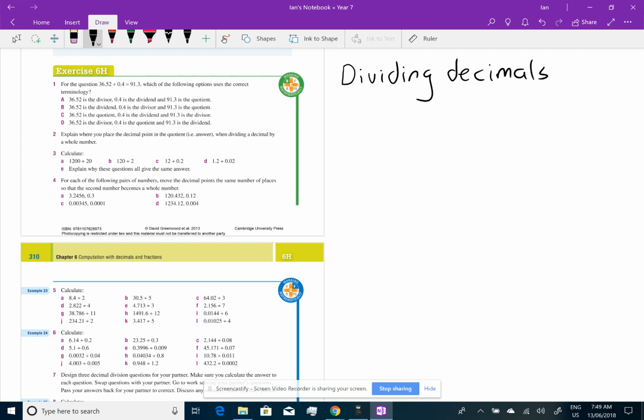Well, let's have a think about just a normal division. Let's set that up a bit differently. Let's just go 54 divided by 3.